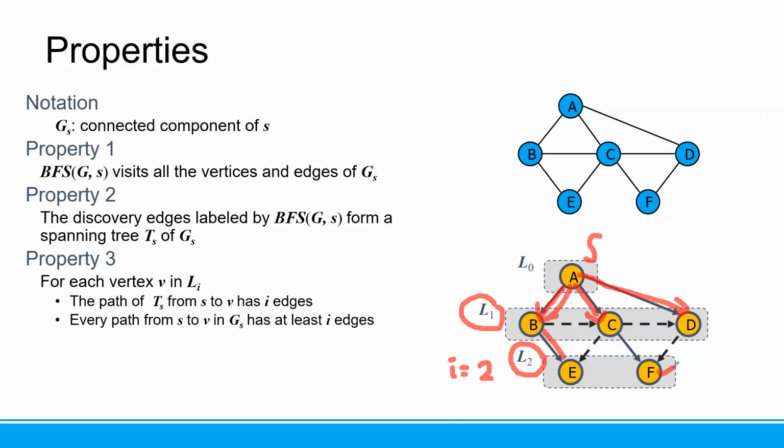If we go to F, then there will be 1, 2 from the starting point. That's the meaning of this. Every path from S to V in GS has at least i edges. So it's the same as property one.